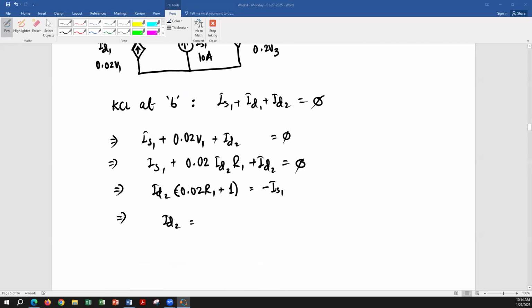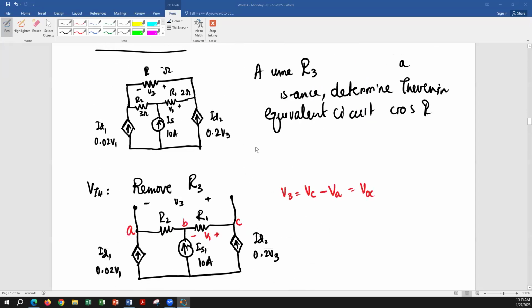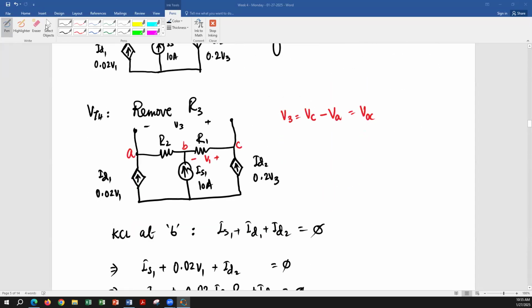So ID2 is negative IS divided by (0.02 times R1 plus 1). I put IS1 earlier, but it's IS, the variable I took in the first circuit. I'm just going to stick with that.